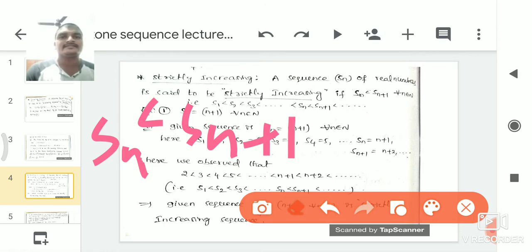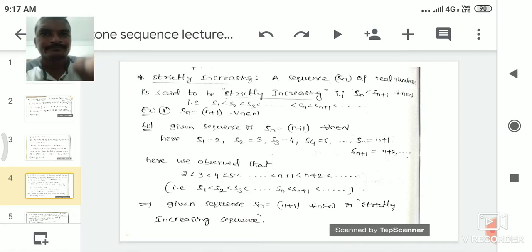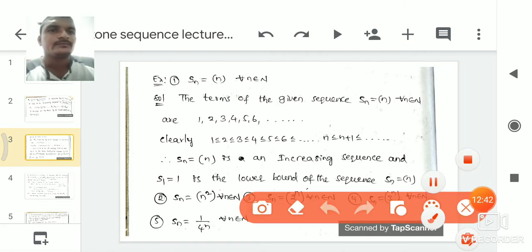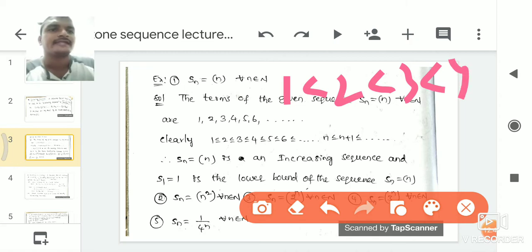In the previous problems, we see in the first problem 1 is less than 2, 2 less than 3, 3 less than 4 and so on. So this sequence is a strictly increasing sequence.